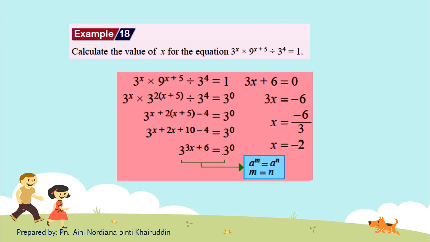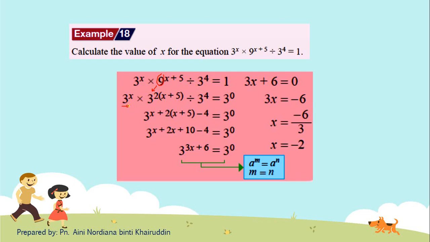So calculate the value of x for the equation. Okay, this is the equation. So the first step, the 9 here change to 3 squared. So the power remain unchanged. Divide by 3 to the power of 4.